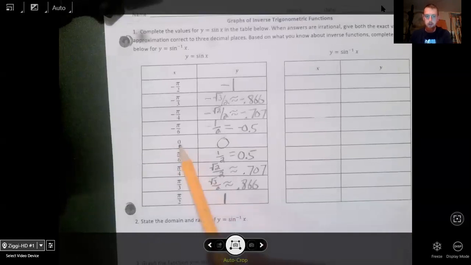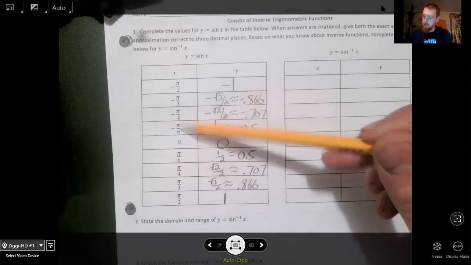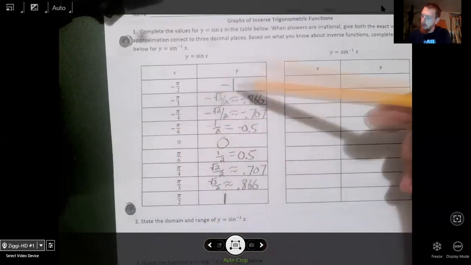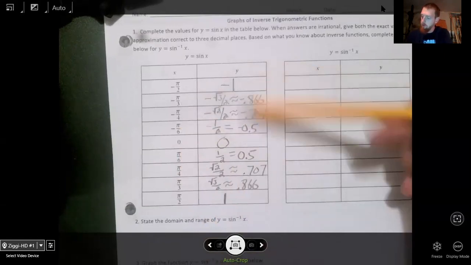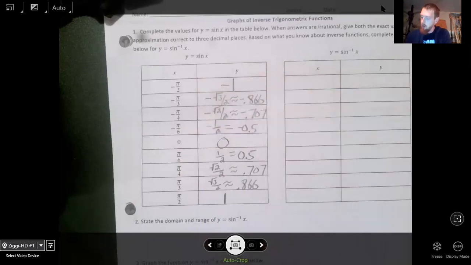We could see what the starting point would be from an x value of 0, the sine value is 0. So we're going backwards, negative pi over 6, negative pi over 4, negative pi over 3, negative pi over 2. And the corresponding sine values for each of those angles as our y values.